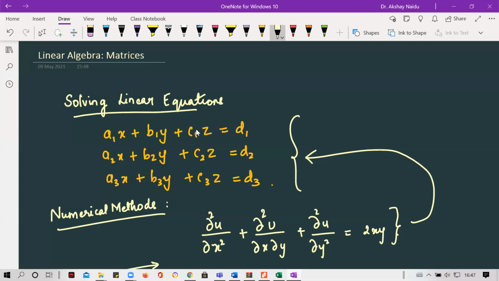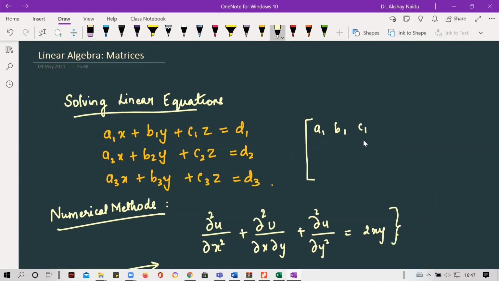linear equations. In this linear equation, you see here, this linear equation can be written in matrix form, and then you can solve this.